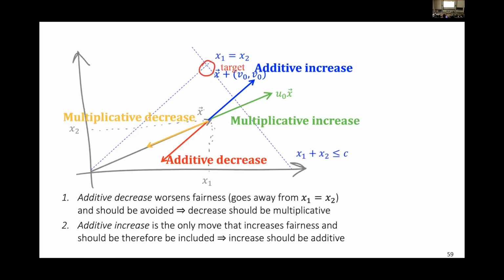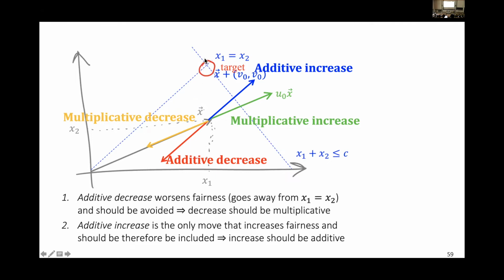Well, back to our problem. We have 2 linear laws, one for increase, one for decrease, and these are 4 possible cases that we can have. Let's first take care of the decrease. Should we take multiplicative decrease or additive decrease? Well, what is the target? The target is here.